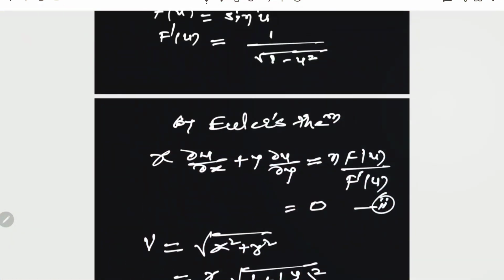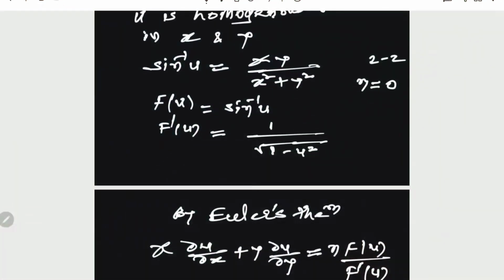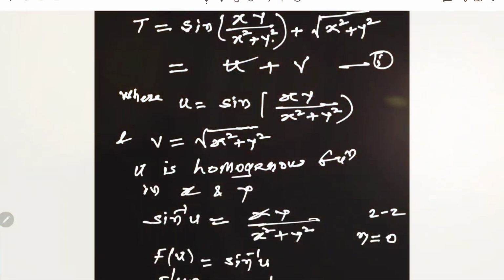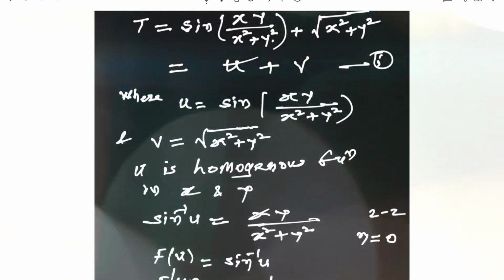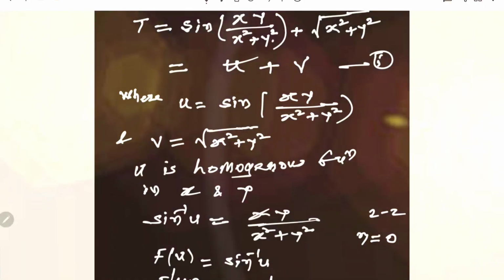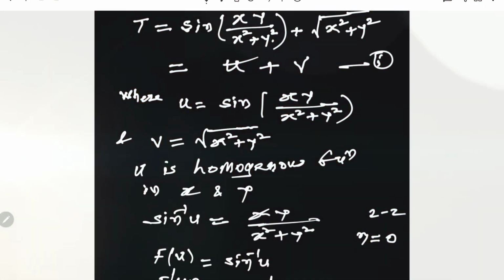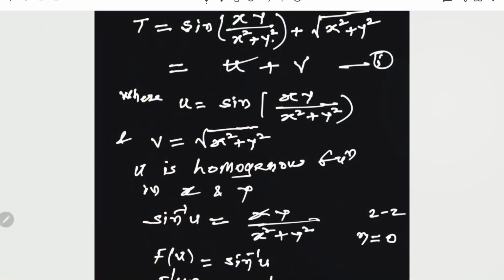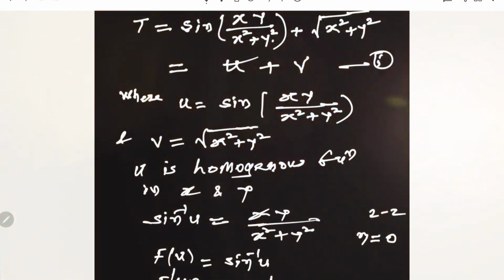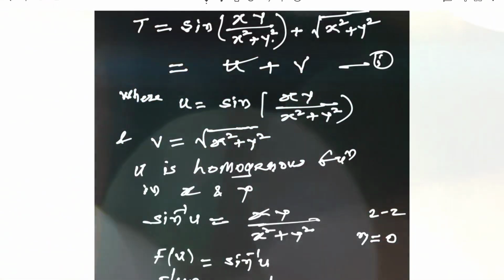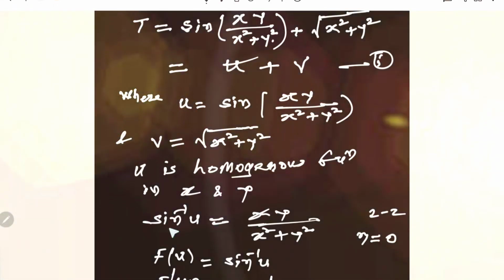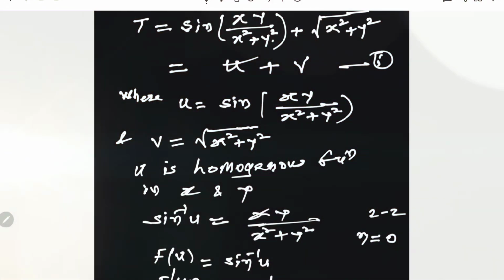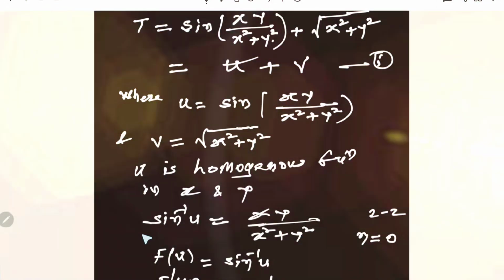Therefore, once again I will repeat the steps. First step, we are writing t as sum of the two functions u and v, where u is sine of xy divided by x square plus y square, a function of homogeneous expression. Then transferring this sine to left side, we get sine inverse of u as xy upon x square plus y square.